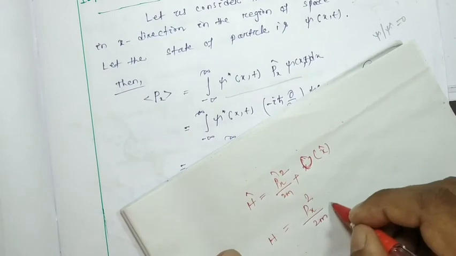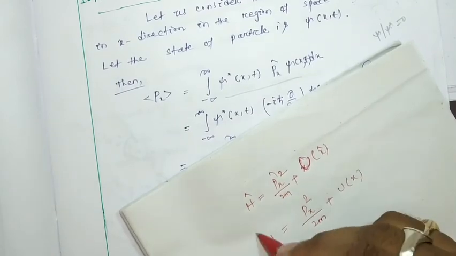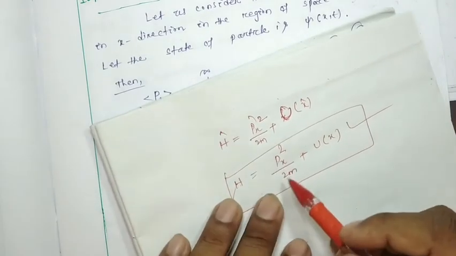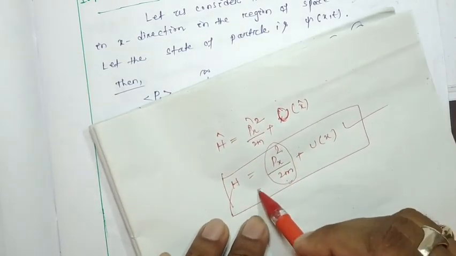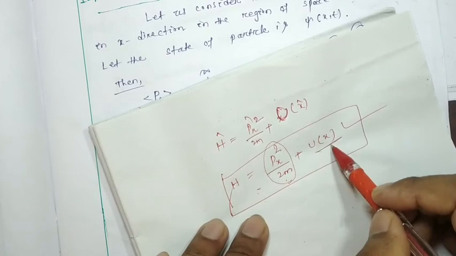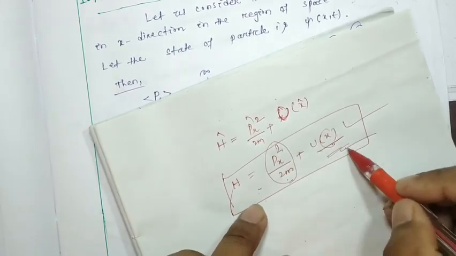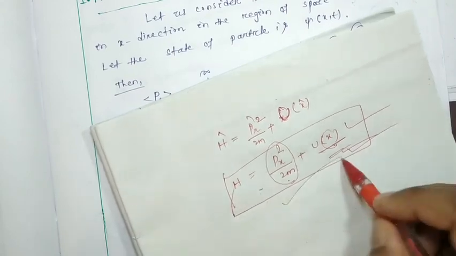So this is also a Hermitian operator, because the kinetic energy has already been done, and the potential energy, by taking the x, we have also done. If you try, you will find that this is a Hermitian operator.